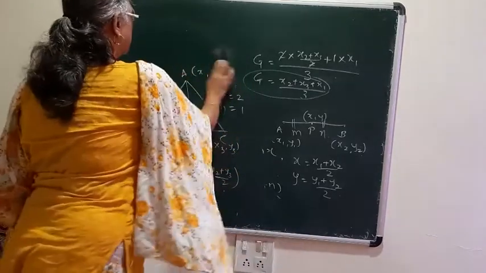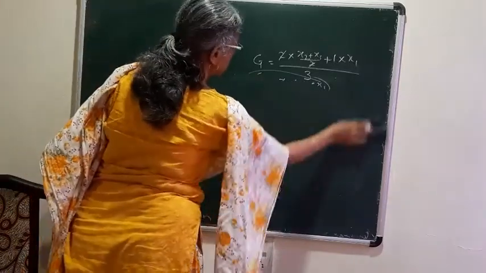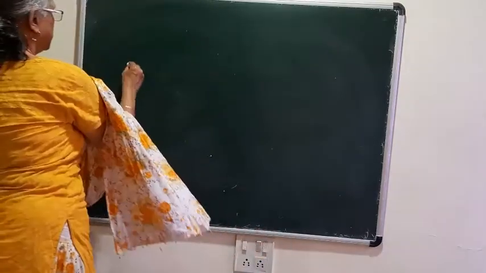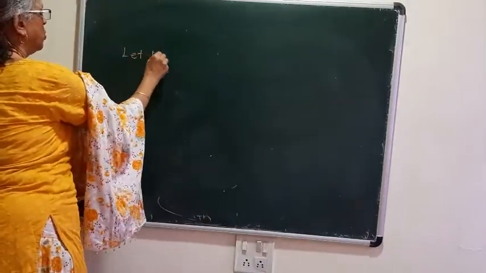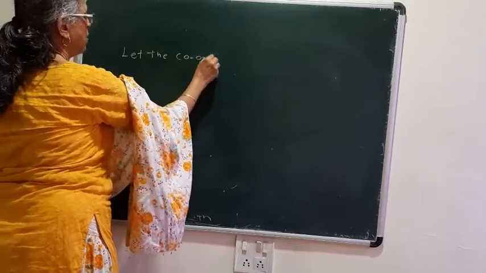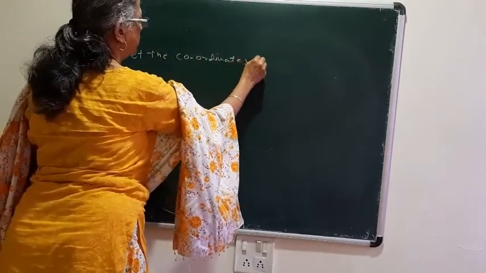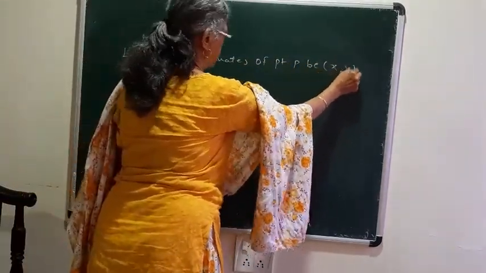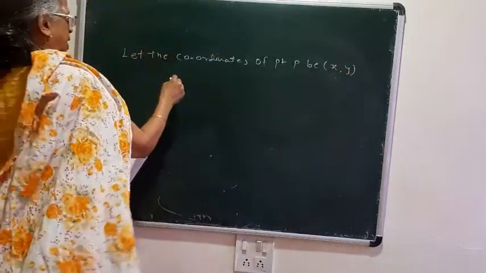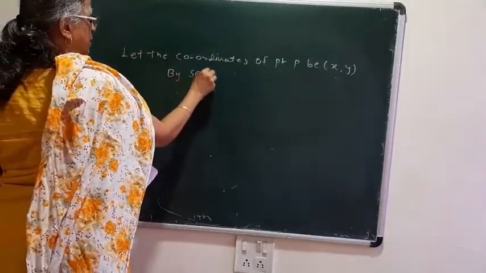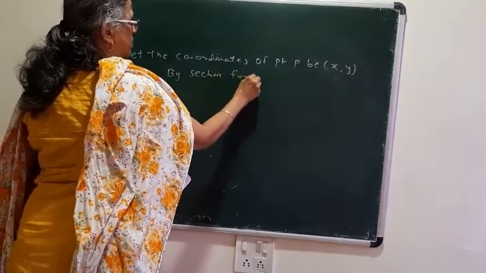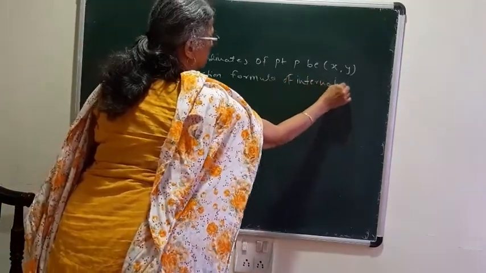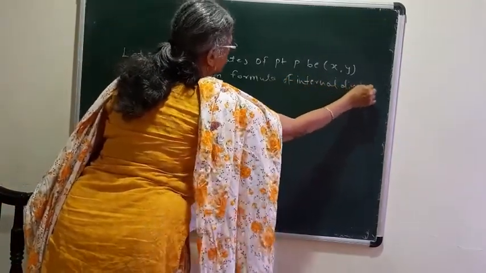So how to solve such types of sums? It is the easiest sum. Here we are using the section formula of internal division. So we are going to write, let the coordinates of point P be x, y, which we are going to find out, and by using the section formula of internal division, first we are going to write the formula.